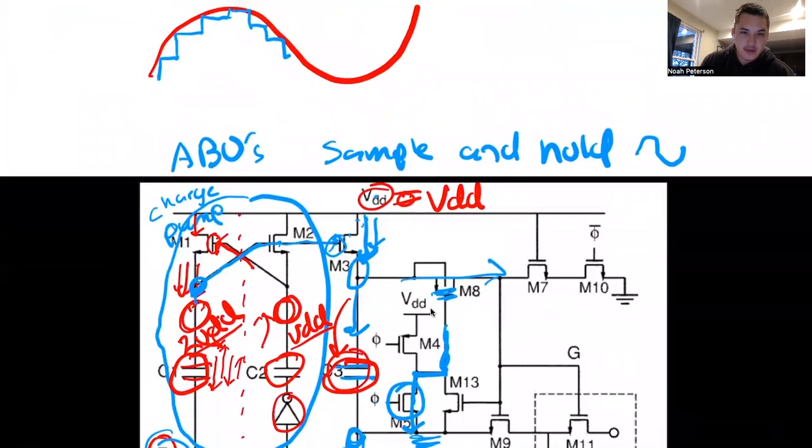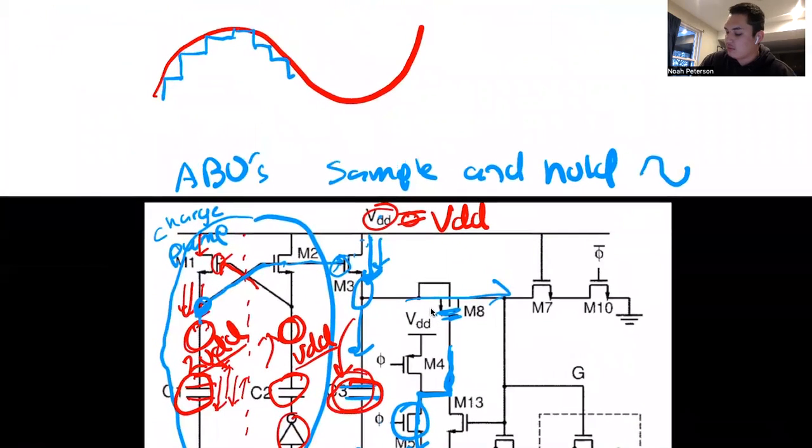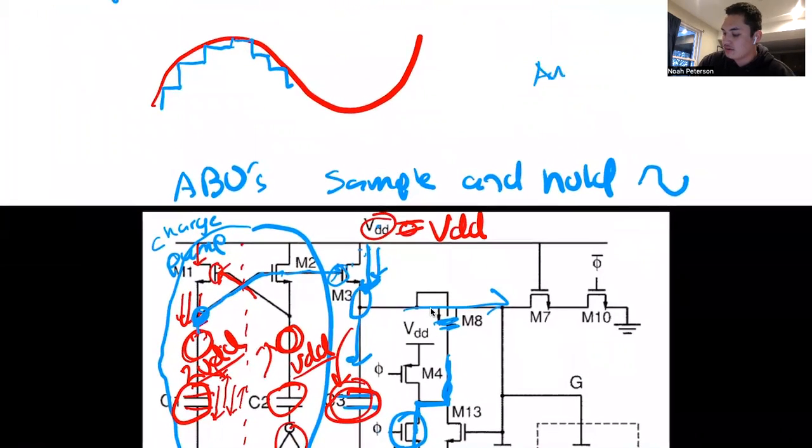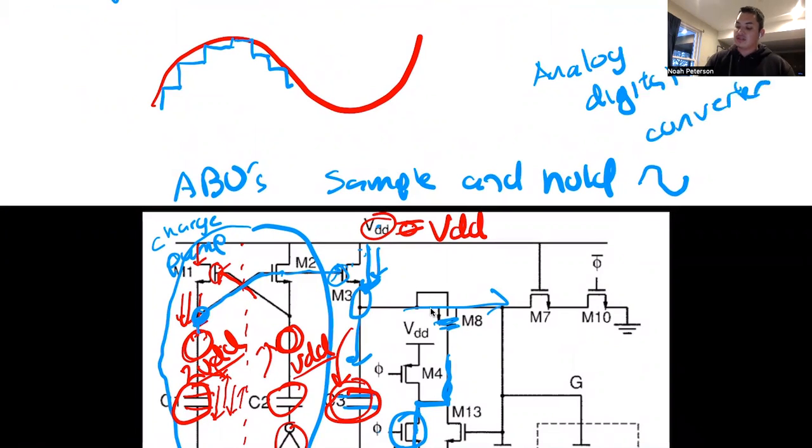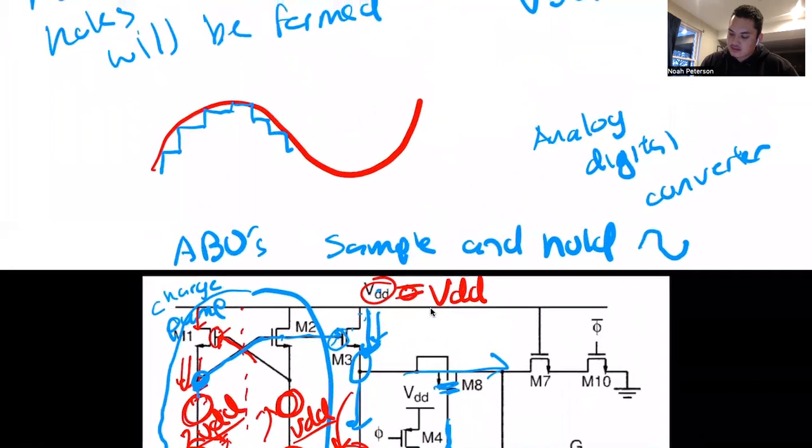using an analog to digital converter. Basically, what an analog to digital converter does is it just takes analog signals and converts them to digital signals. So it takes an analog signal and converts it to ones and zeros.